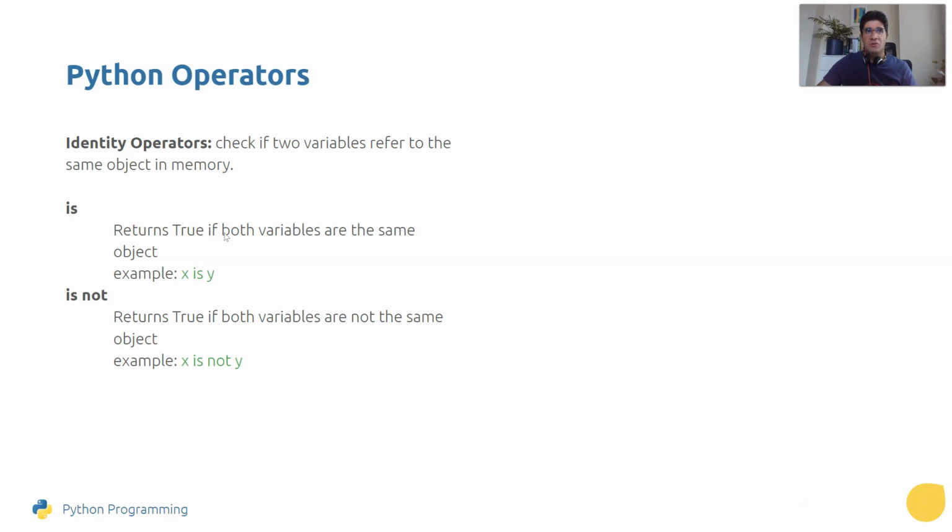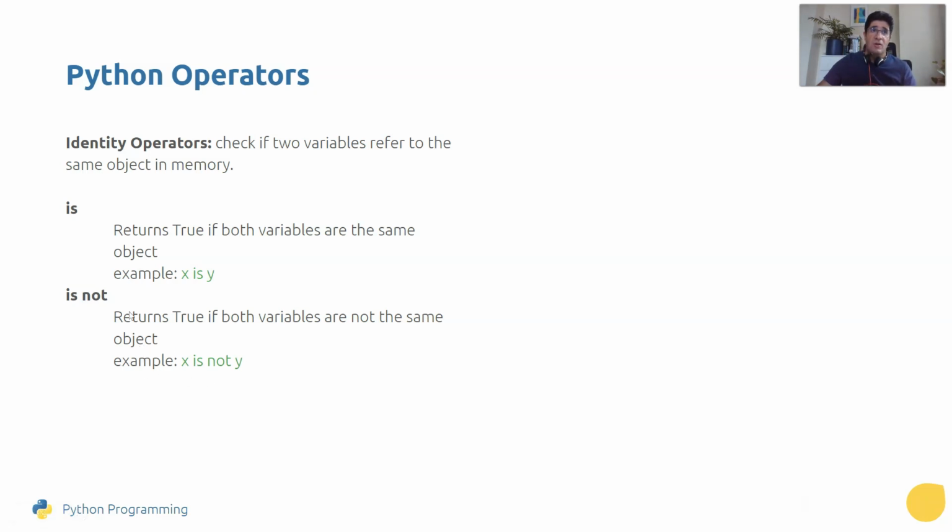It will return true if both variables are the same object in memory. For example, we write x is y. It means x and y are pointing to the same place in memory or not. Is not will return true if both variables are not the same object.